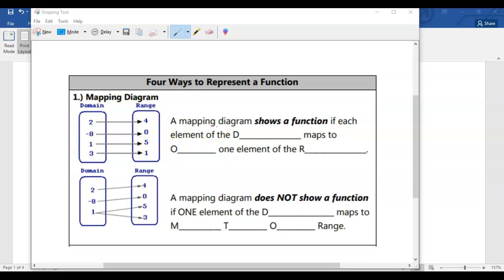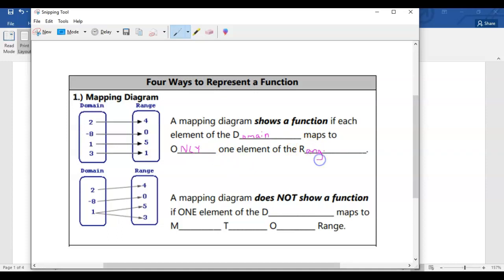A mapping diagram shows a function if each element of the domain maps to only one element of the range, okay?